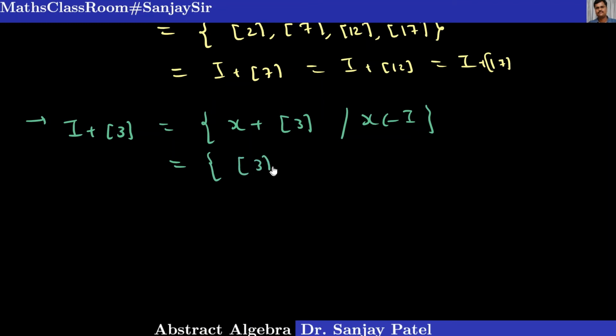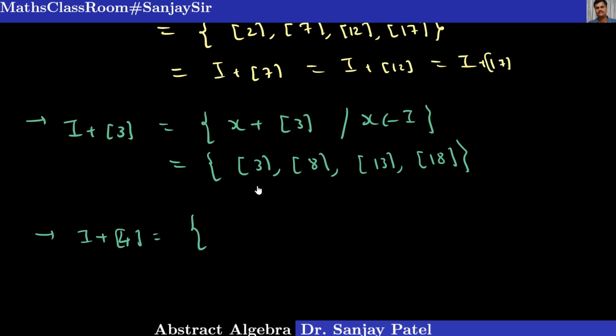So 0 plus 3 is 3, 5 plus 3 is 8, then 10 plus 3 is 13, and 15 plus 3 is 18. Okay. And finally, I have one more class here, I plus class 4. You can add 1 to this, or you can add all elements of I with 4. You will get the same answer. So I'm writing directly 4, 9, 14 and 19.